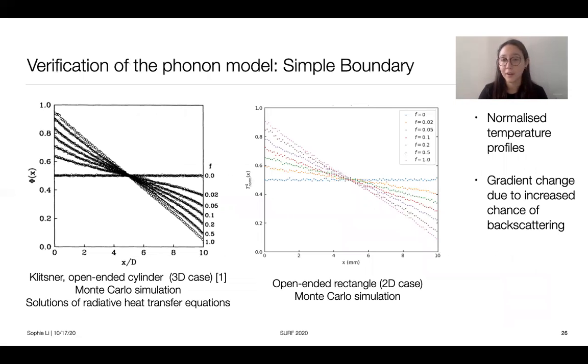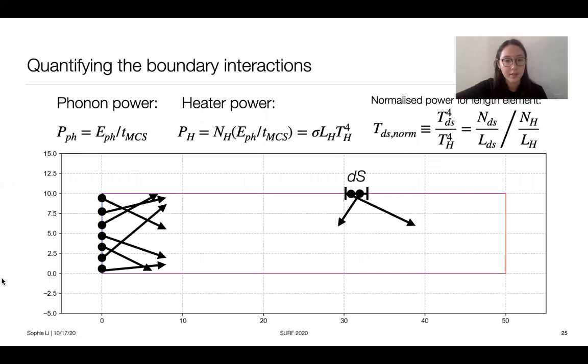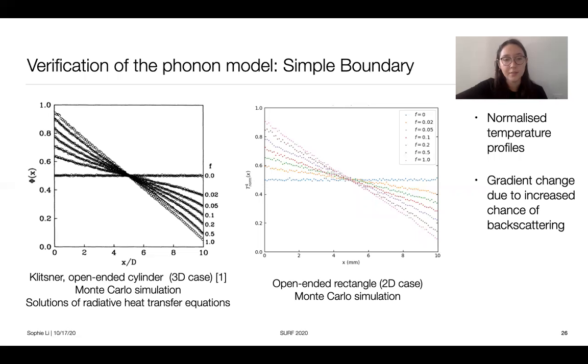These are one of the very first results with a very simple boundary. A boundary just like this, where we just have a source and a drain on the other end. And we see that with increasing probabilities of diffusive scattering, so that parameter f that we were talking about, there is much less chance that the particle will actually make it to the end of the channel.